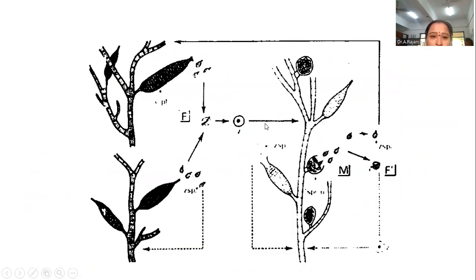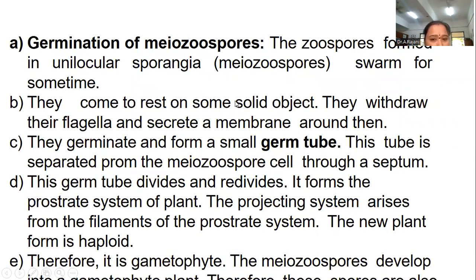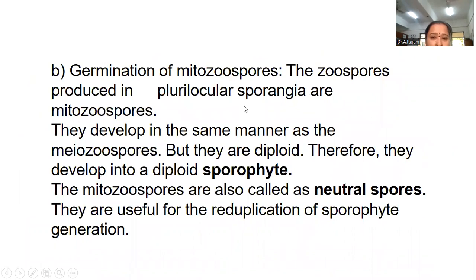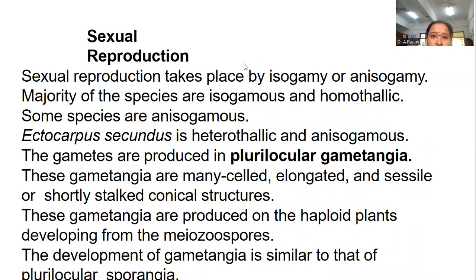Next one. Another important point in this one, sexual reproduction, one second, see. Sexual reproduction takes place by isogamous type. Very, very important. This also is an expected question. Sexual reproduction takes place by isogamy or anisogamy.